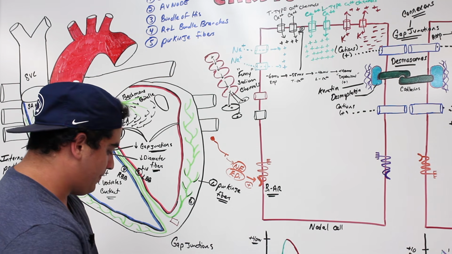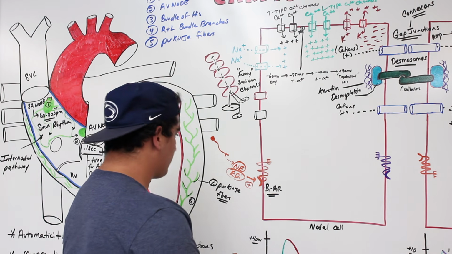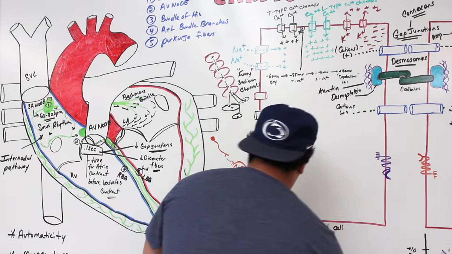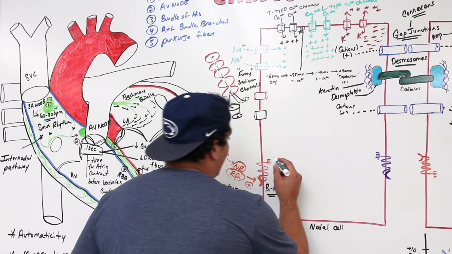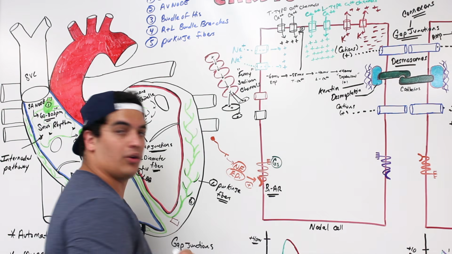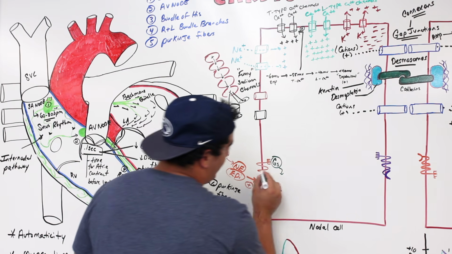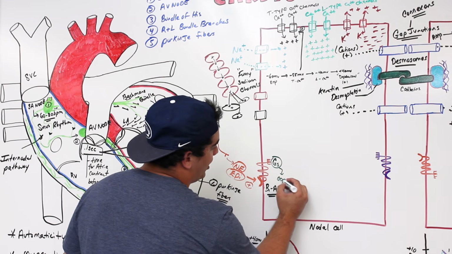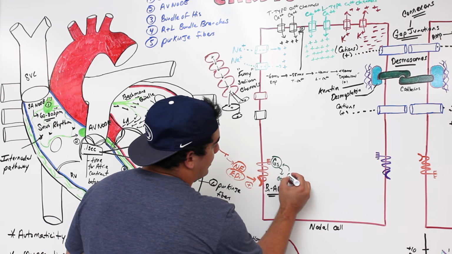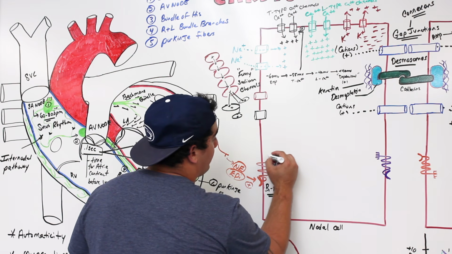When this happens, it activates intracellular processes. It first activates a G stimulatory protein. When it activates this G stimulatory protein, the protein gets rid of GDP and binds GTP, which turns it on.